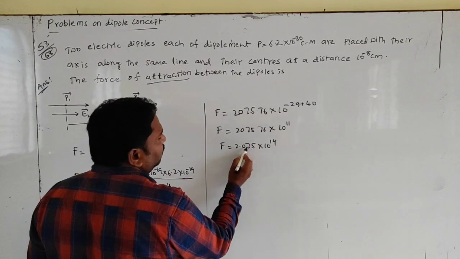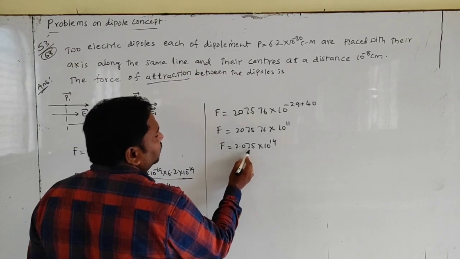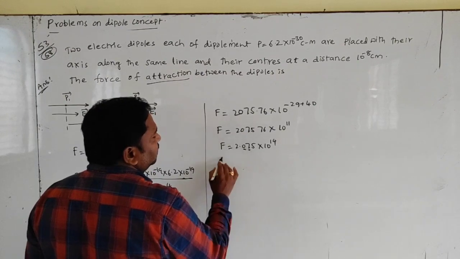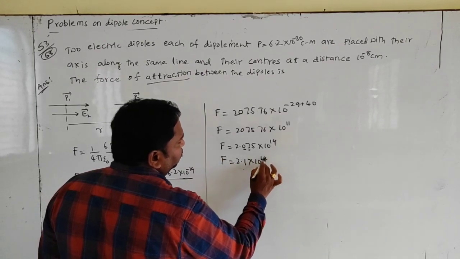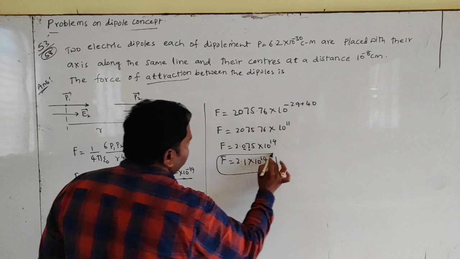We have to round off up to here; since this is more than 5, the preceding number is increased by 1, so it is 2.08 into 10 power 14 newtons. This is the answer.